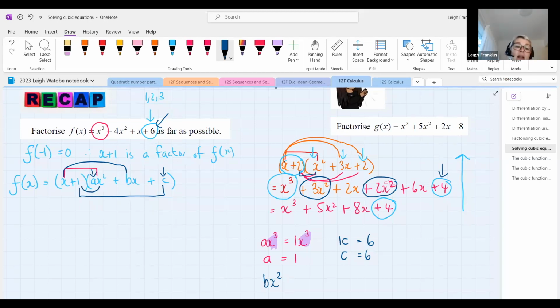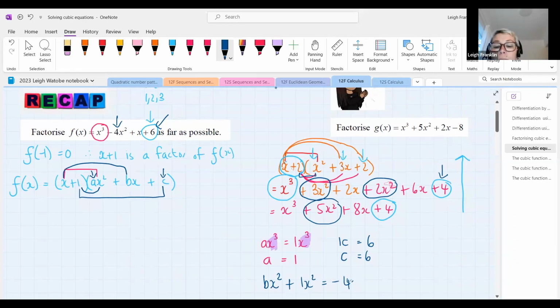So we need the value of a to get the value of b. Remember, a was equal to 1. So 1 times 1x squared is 1x squared. All right, when we add 3x squared and 2x squared together, that's where the 5x squared came from. So when we add these two together, this is where the minus 4x squared comes from.